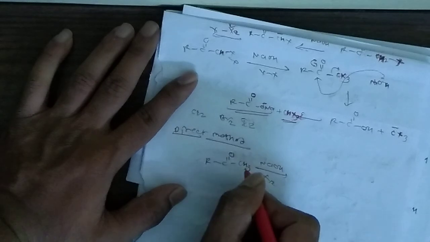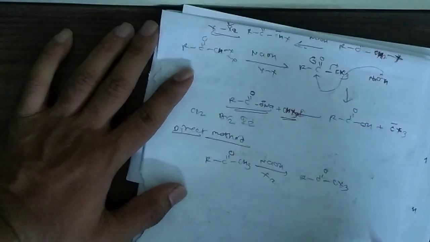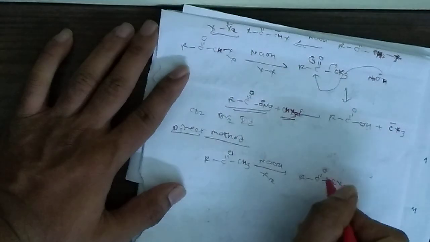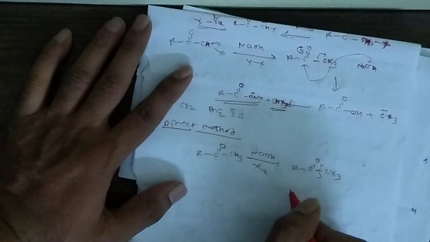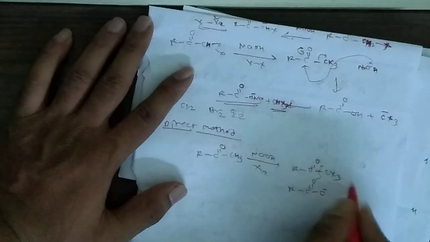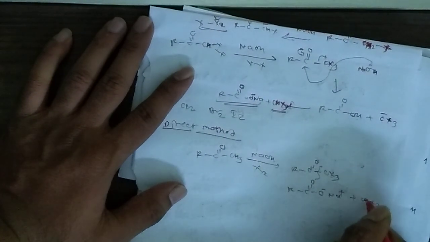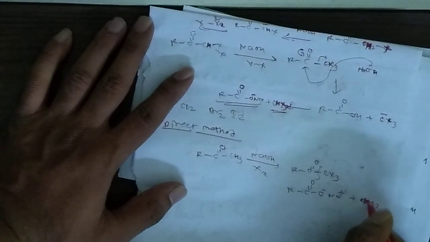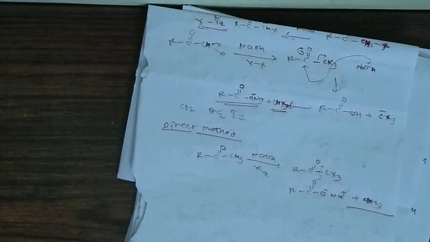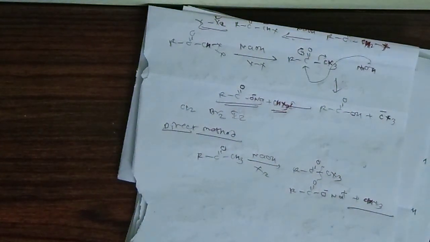All these hydrogens are replaced by halogens, and then this bond breaks and forms the sodium salt and CHX3. So remember that in the haloform reaction, a haloform is formed, because that is the name of this reaction. So haloform should be formed there.